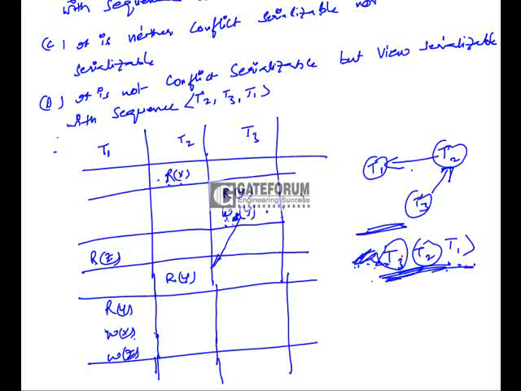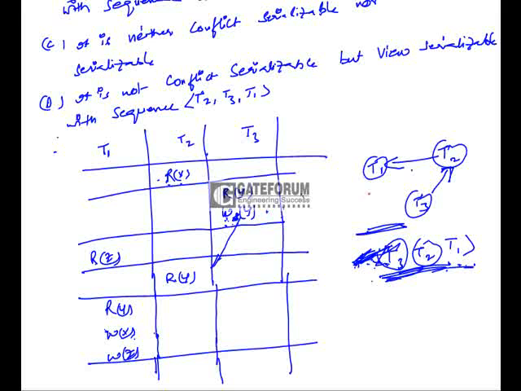So for the intermediate read operations, if in a given schedule one transaction is reading the value written by some particular transaction, that same thing should happen in the equivalent serial schedule also. So here the data item produced by T3 is read by T2. Same thing is happening in the serial schedule.